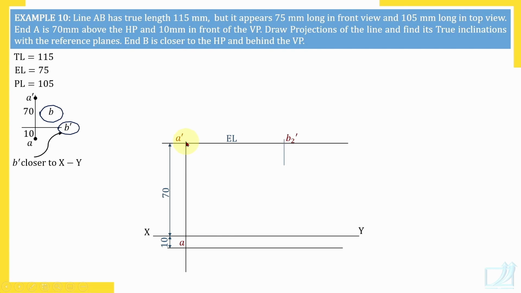True length front view, we cannot draw. Even if we know true length, we don't know theta. So A dash B1 dash we cannot draw, and A dash B dash has length EL and angle alpha. We cannot draw A dash B dash right now, because even if we know EL, we don't know alpha. Similarly, out of 3 top views, you will be able to draw only the horizontal top view that has length PL, 105 millimeters, and it is AB1.